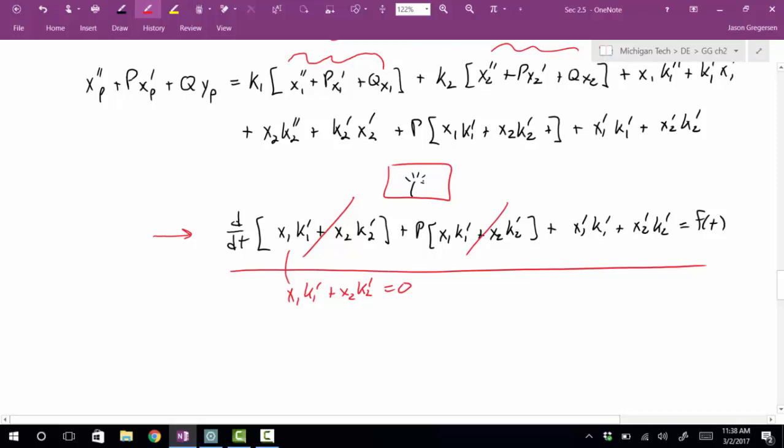Good assumption. If I make that assumption, I still need this to be equal to this. I need x1 prime k1 prime plus x2 prime k2 prime to equal f of t. By making that assumption, I simplify everything down to a 2 by 2 system. Now all I have to do is solve this 2 by 2 system for k1 prime and k2 prime. In fact, actually, I can take that system and rewrite it like this.